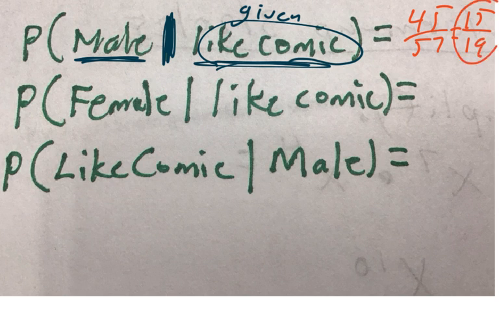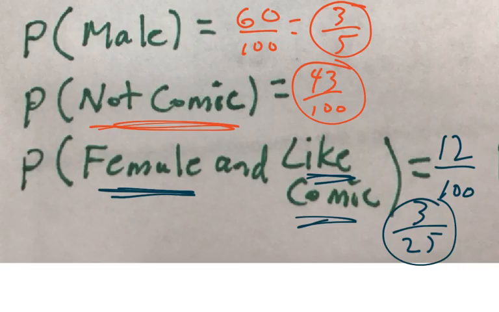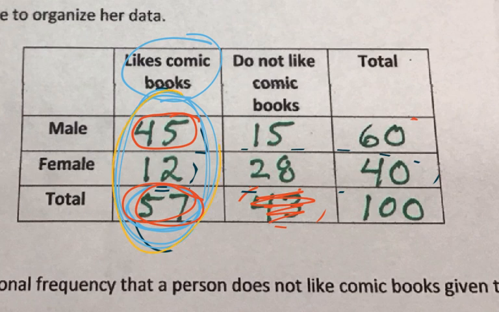Again, you would plug that in your calculator, press equals. It will reduce it to 15 out of 19. Hopefully my mental math is good there. Okay, let's go on to the next one. This one's telling me they like comic books again, but we want to know how many are female instead. Well, we're in the same category.